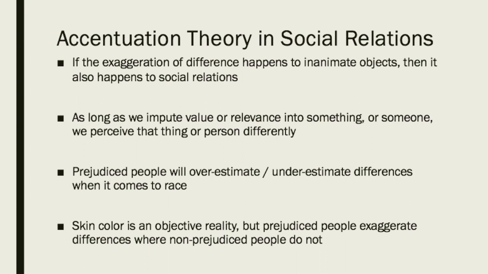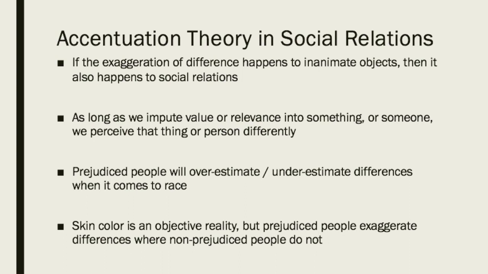Now, if this exaggeration of differences is evident among lines, you can surely imagine that it also happens within social relationships. As long as we impute value or relevance into something or to someone, we generally perceive that thing or that person differently. In this way, these experiments can explain why prejudiced people will overestimate and underestimate differences when it comes to, for example, race.